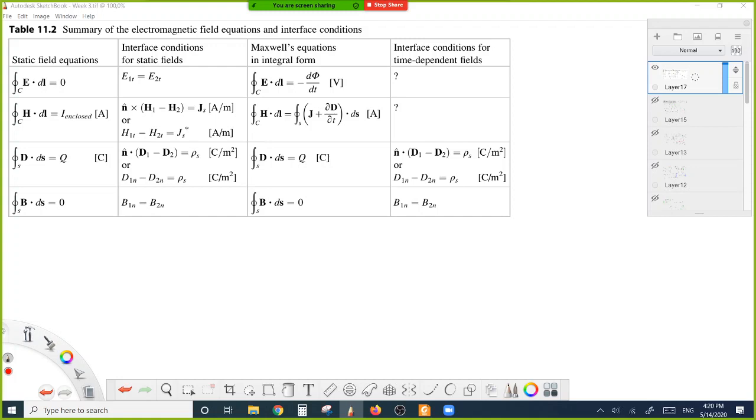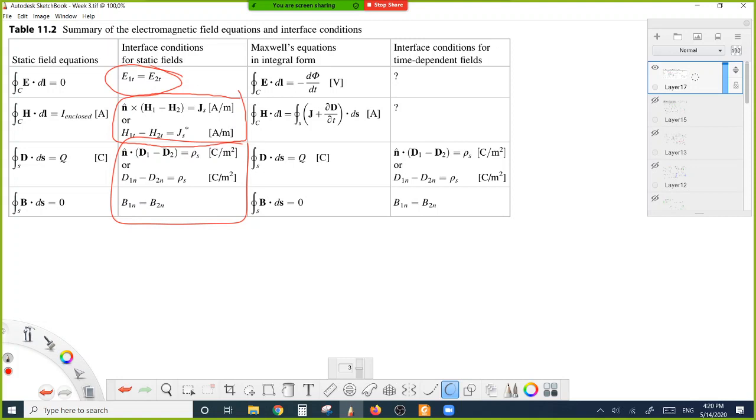We have already learned boundary conditions for electric fields were equal to this, and for magnetic fields it was equal to this, and the same boundary conditions in dielectrics were these equations.